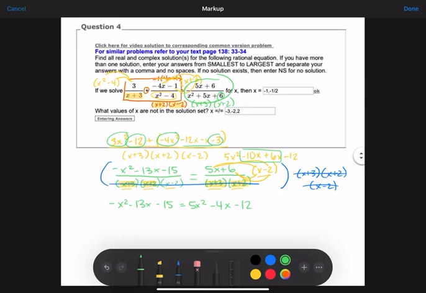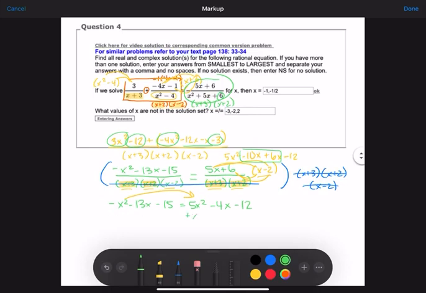Okay, so now I want to get everything on the same side, and I want to keep my leading coefficient positive, so I'm going to move things over this way. So when I do that, I'm going to add this x squared. I'll actually just show that over here.